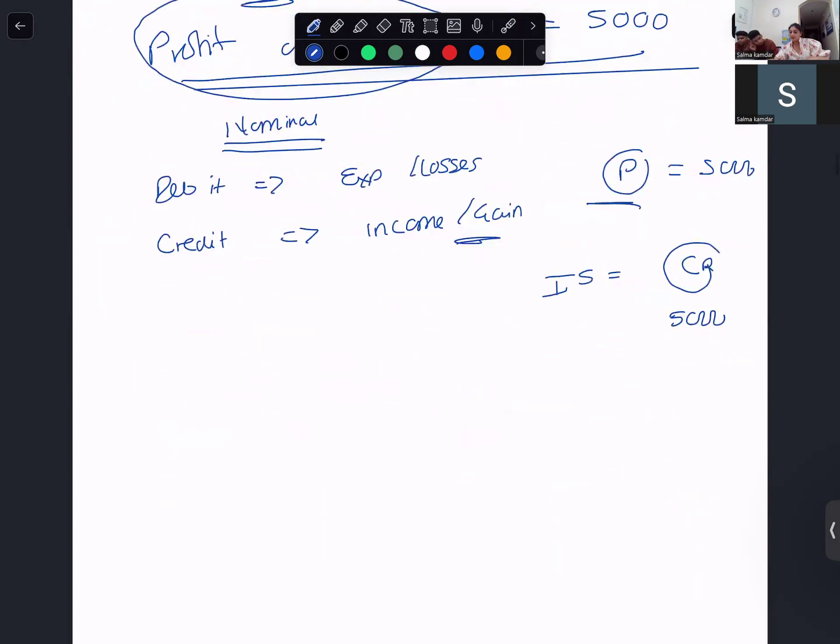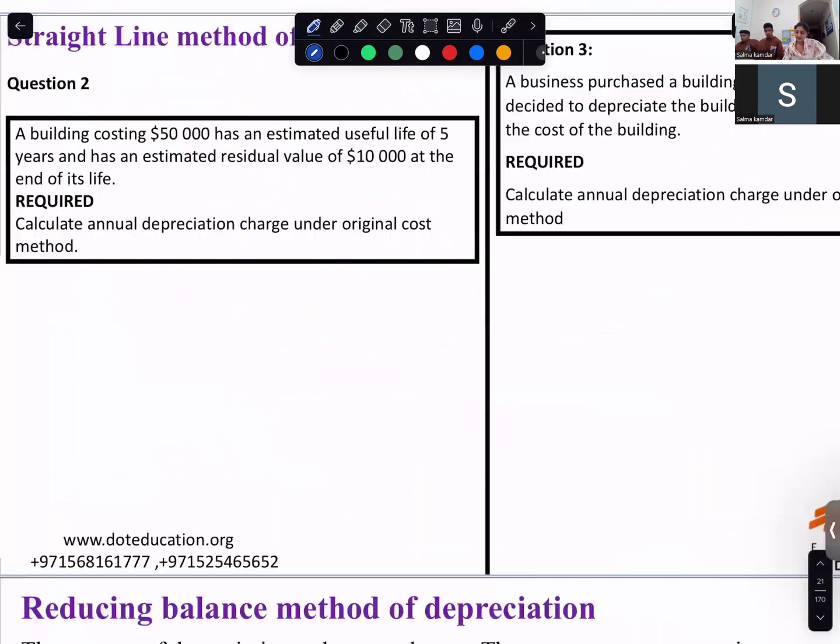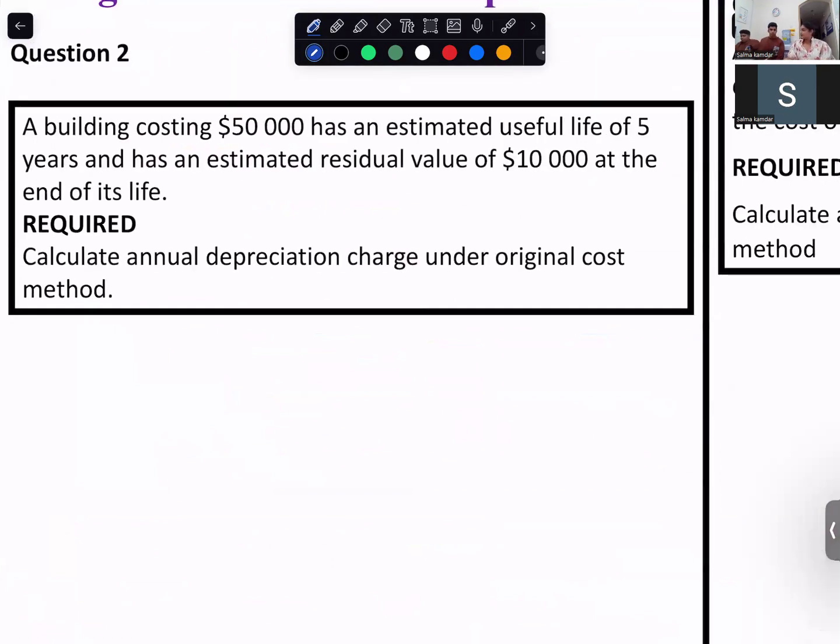Okay. Now I want you to go on this second question. Calculate the annual depreciation charge under the original cost method for me. Then calculate the net book value of asset from year 1 to year 4.